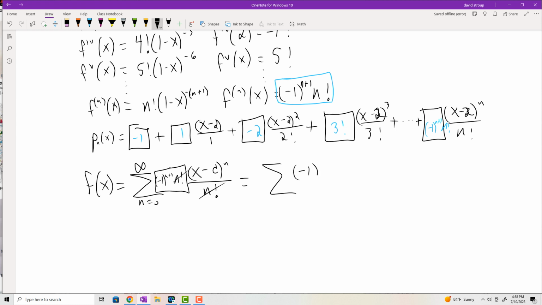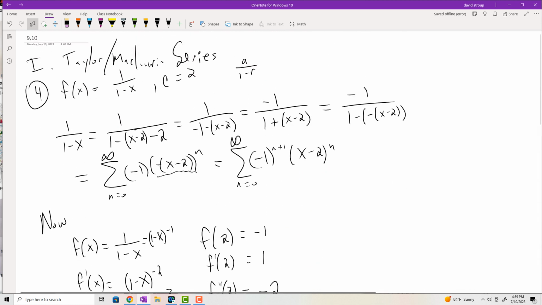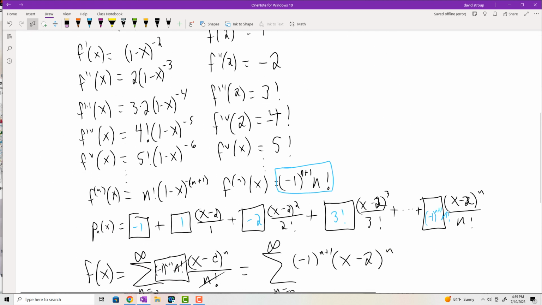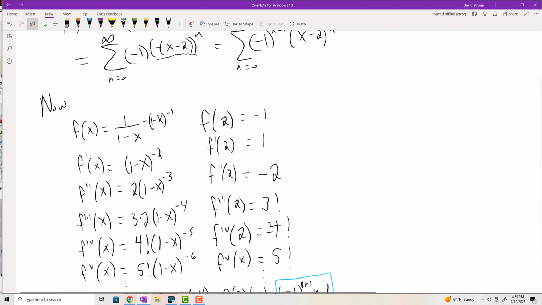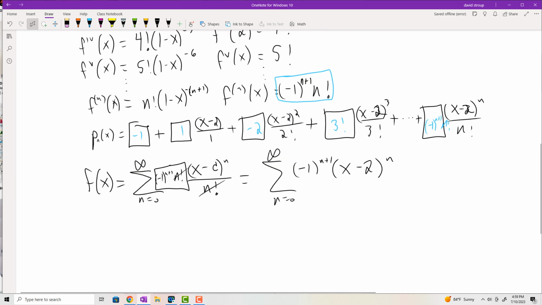I'll get negative 1 to the n plus 1 times x minus 2, the c value is 2 in our case. And we're going from n equals 0 to infinity. And looking back up, that's exactly what you get if you do it the backdoor method, right? Okay, so wow, that should be kind of mind-blowing. Hopefully it is. If not, well, that's math for you.